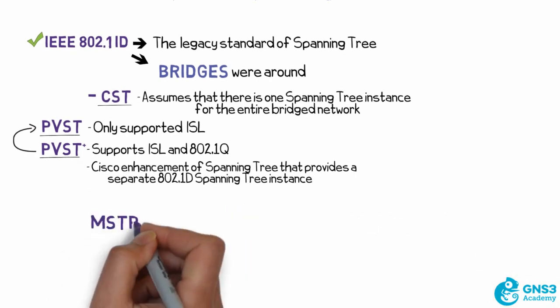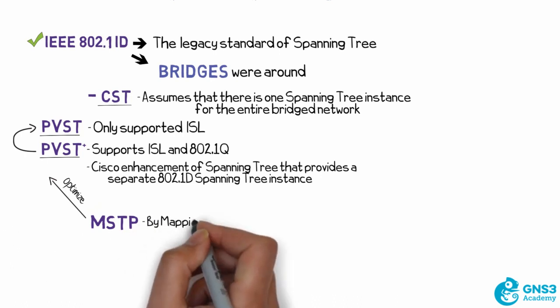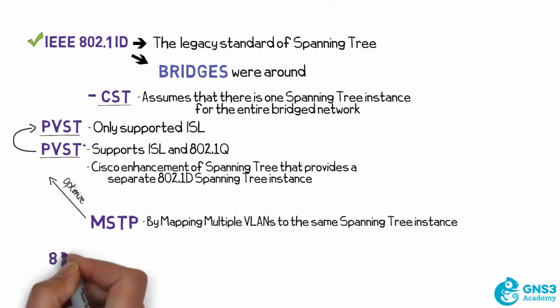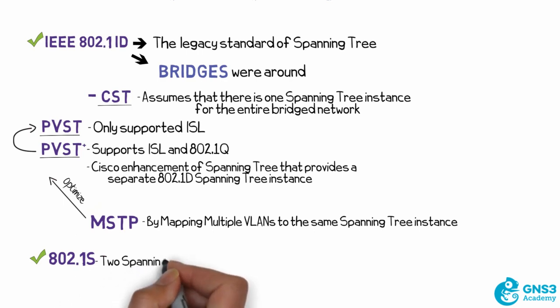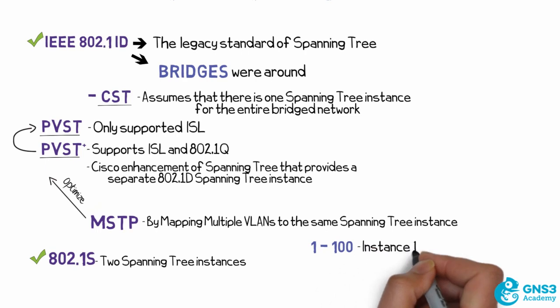Multiple spanning tree tries to optimize PVST by mapping multiple VLANs to the same spanning tree instance. So 802.1s, or multiple spanning tree, allows you, for example, to have 2 spanning tree instances and then split your VLANs between those instances. VLANs 1 to 100 could be associated with instance 1.